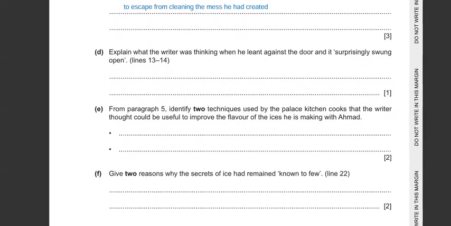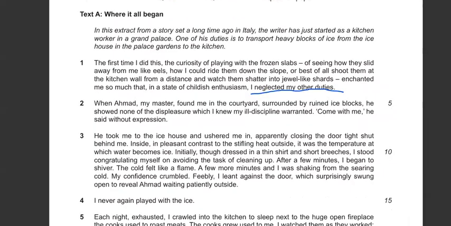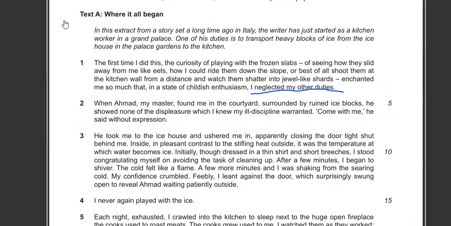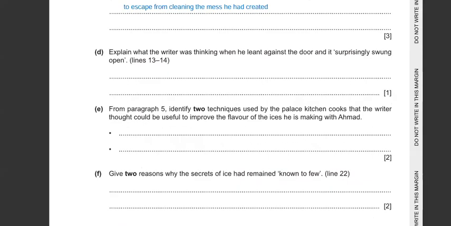Now, question number 1, part D. Explain what the writer was thinking when he leaned against the door and it surprisingly swung open. Line number 13 and 14. So let me go back to the text and quickly highlight the lines in a different color. The lines are 13 to 14.